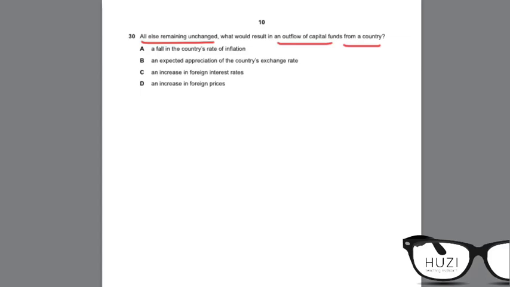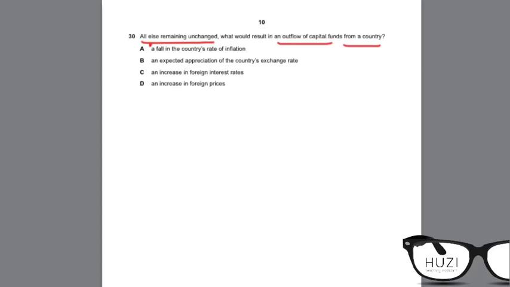Okay, so a fall in the country's rate of inflation, an outflow of capital funds from a country. This might be. Let's just leave this. Unexpected appreciation of the country's exchange rate.